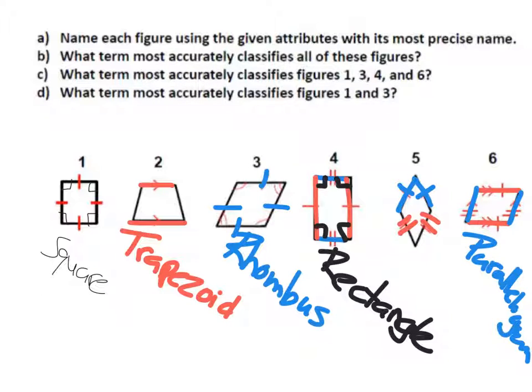These 2 sides are not opposite each other, they are adjacent. These 2 sides, which are congruent, are not opposite each other, they're adjacent. If you have a figure with not necessarily any parallel lines, but you have adjacent sides congruent, that's your kite.